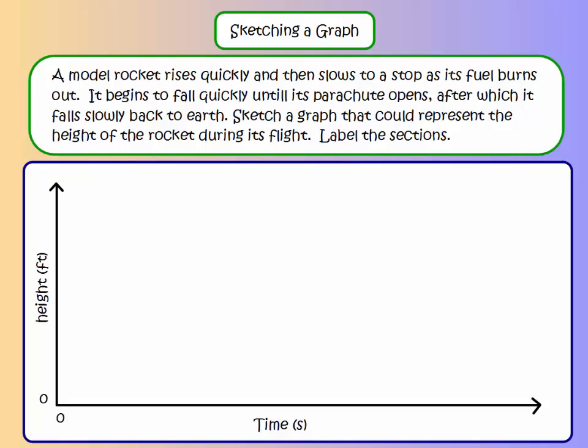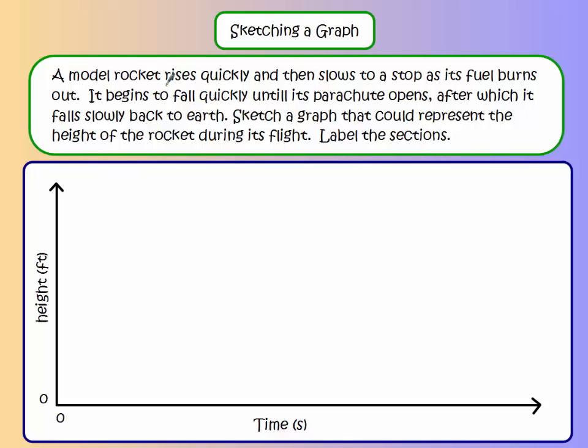So on a question like this, what they're asking you to do is just give an approximation of what the graph might look like of this object in flight. So we want to take a look at the different sections of this word problem here, and then we're going to model our picture after the different sections.